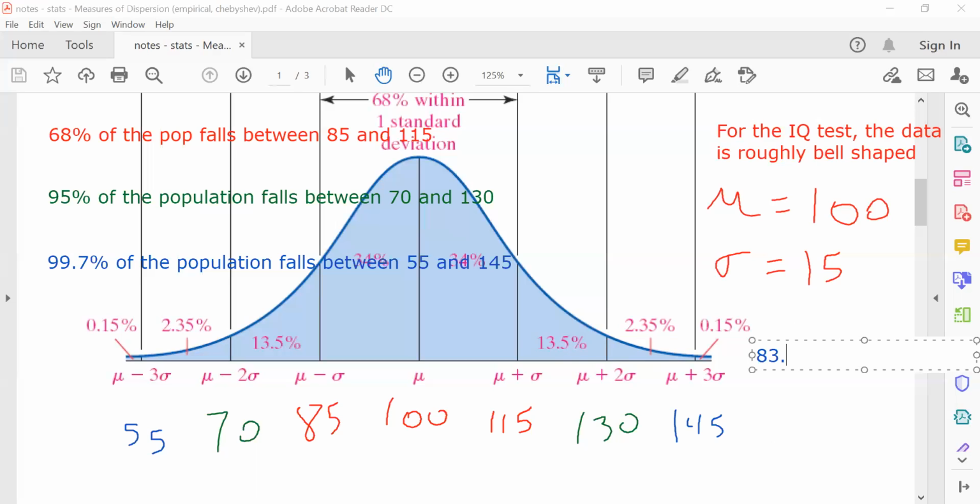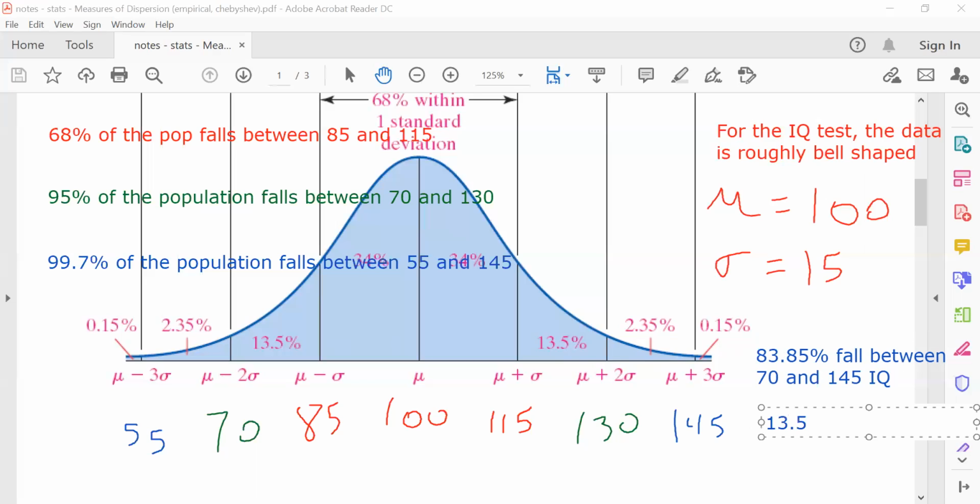I added 13.5 plus 34 plus another 34. Now I did do that all in my head, so don't judge me too harshly on that.